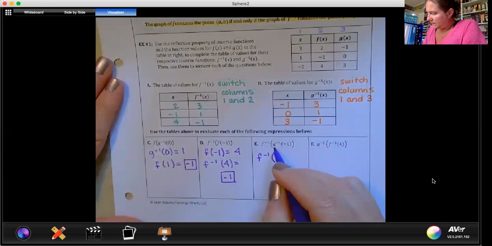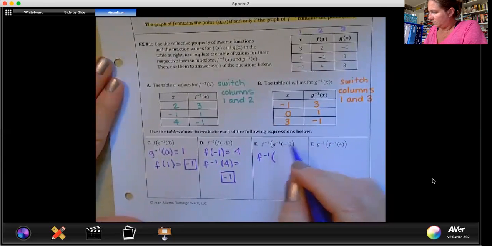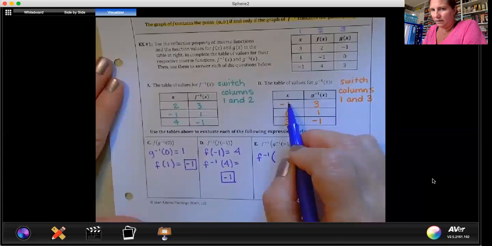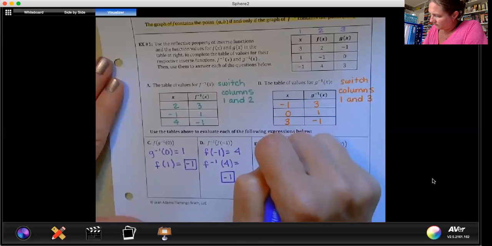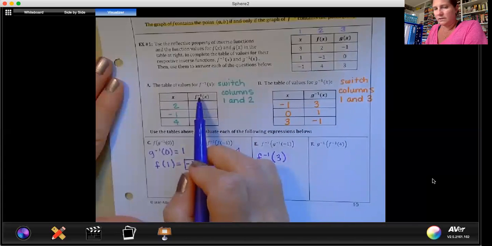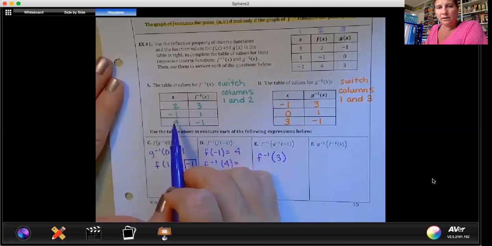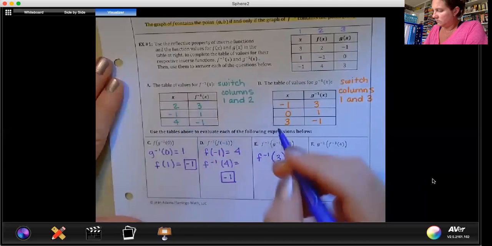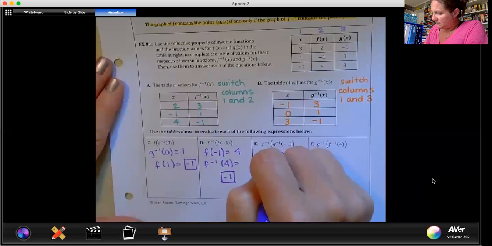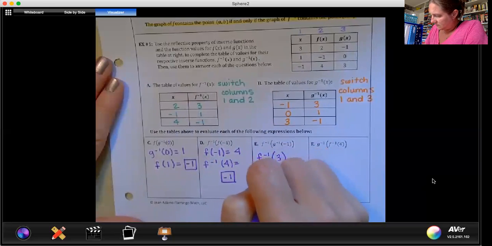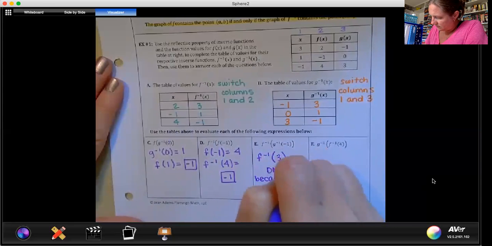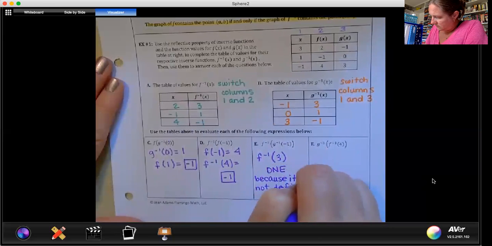All right, the inverse of g at negative 1. The inverse of g at negative 1 is 3. The inverse of f at 3, notice 3 is not in our table, so this does not exist, because it is not defined in the table.